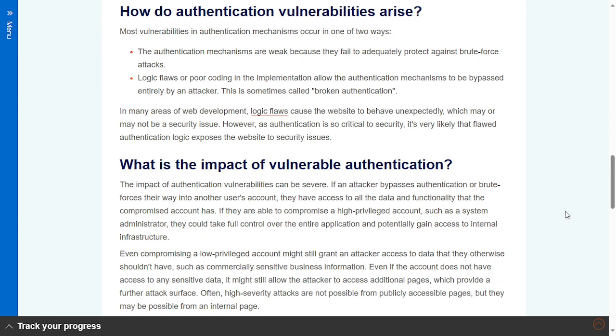This is sometimes called broken authentication. In many areas of web development, logic flaws cause the website to behave unexpectedly, which may or may not be a security issue. However, as authentication is so critical to security, it's very likely that flawed authentication logic exposes the website to security issues.